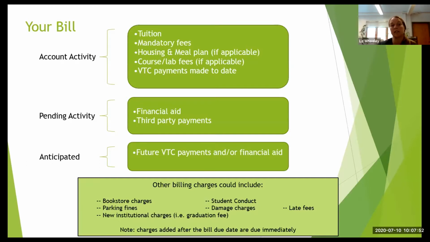Then any anticipated payments, so any future VTC payments or financial aid, would be the anticipated piece. Other billing charges could include bookstore charges, parking fines, and new institutional charges, for example the graduation fee, student conduct, and damage charges. Any charges added after the bill due date are due immediately.